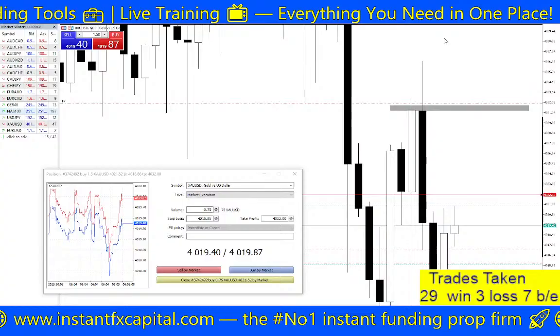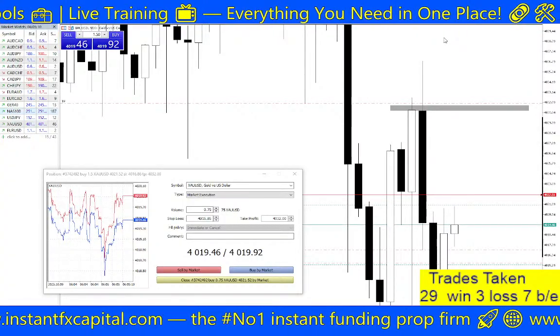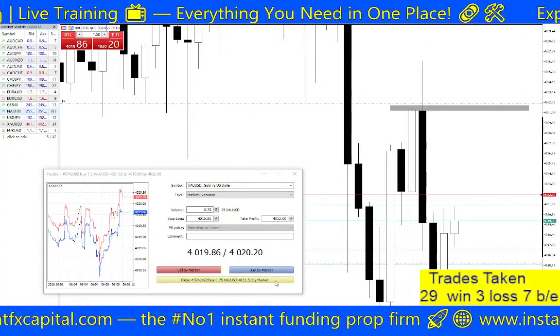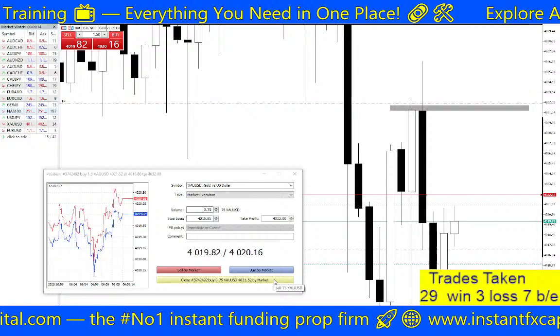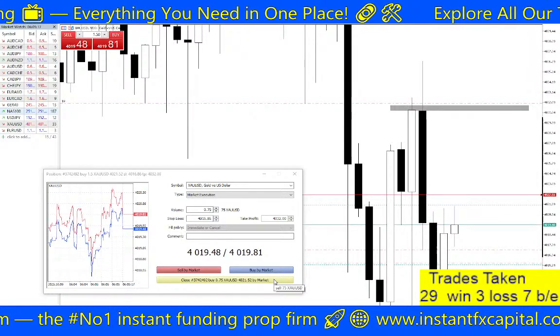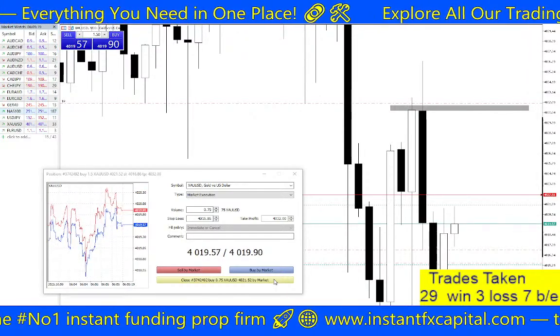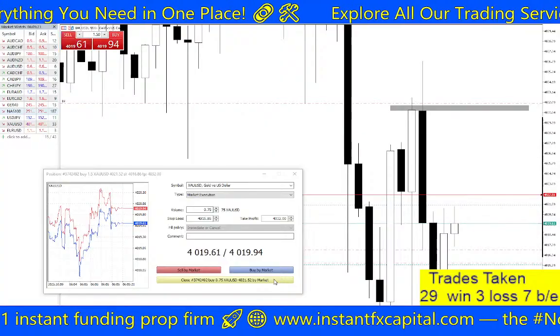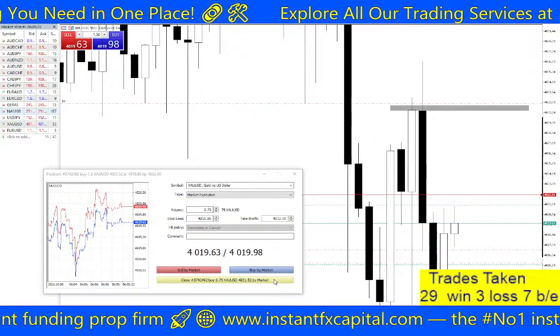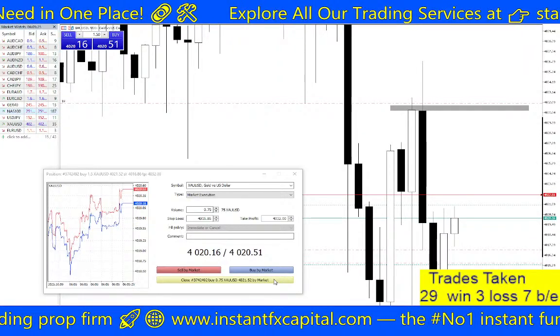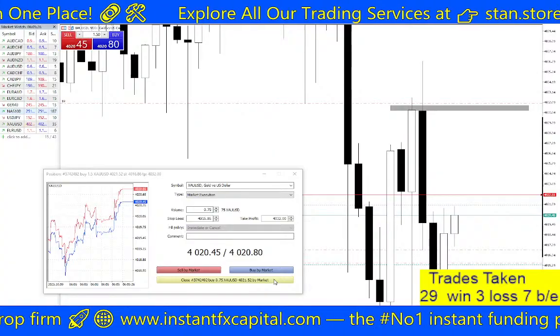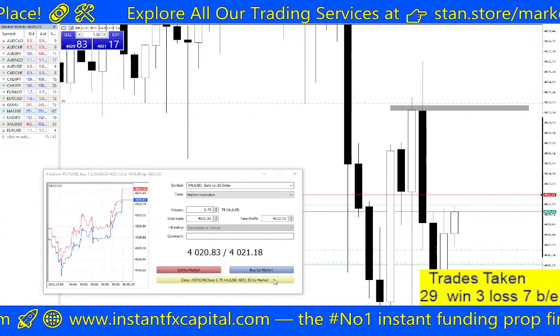Oh, don't frustrate me now. This will be the last trade of the session as well. Don't want to finish on a low. Come on, buyers. This is textbook setup.